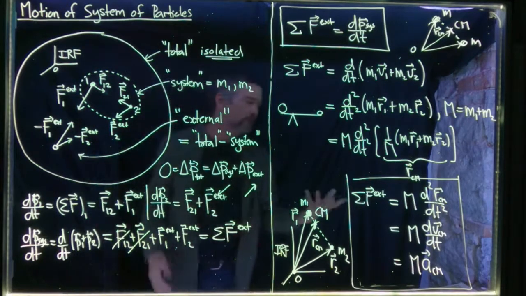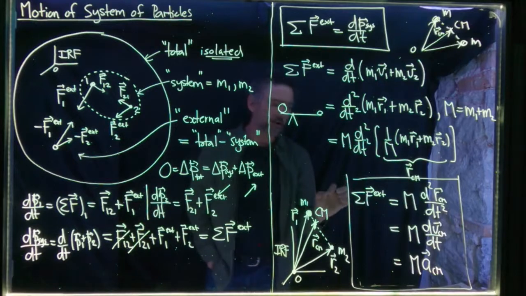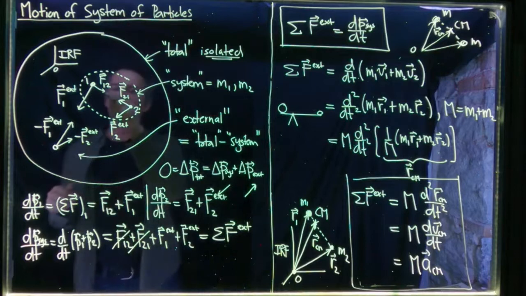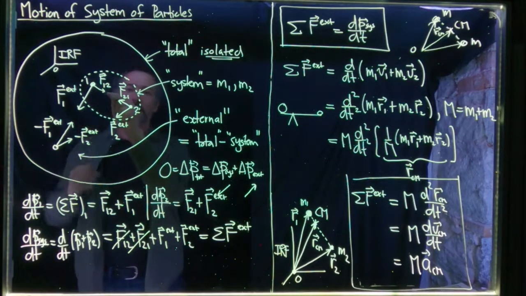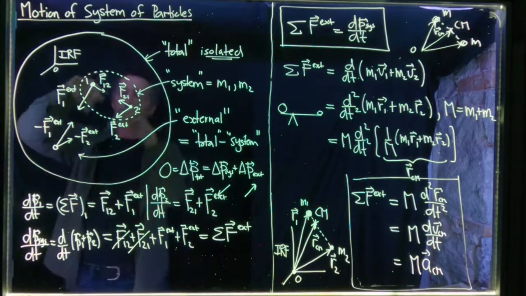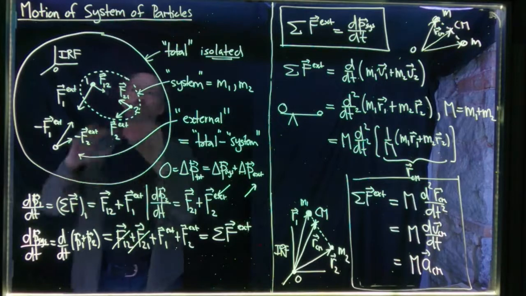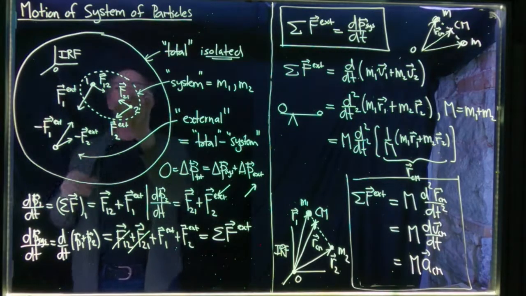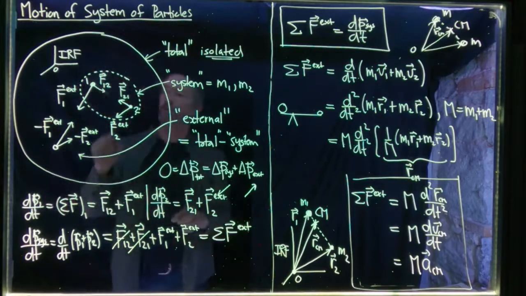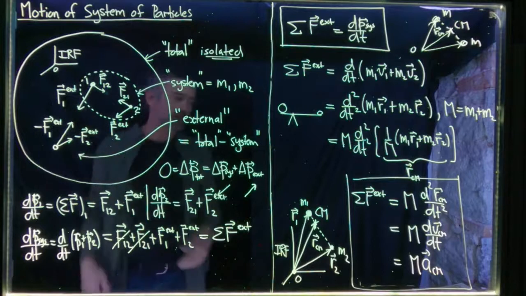And what's beautiful about this is it says that the center of mass point moves exactly as if it is a point particle of mass equal to the total mass of the system, big M, under the action of the external forces altogether acting on that single point. Okay, and so it takes a complicated motion of the Earth-Moon system and looks at the average motion as a whole, and that's very simple. Just a point mass of mass big M moving under the action of just the external forces.